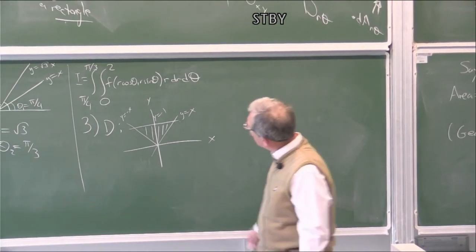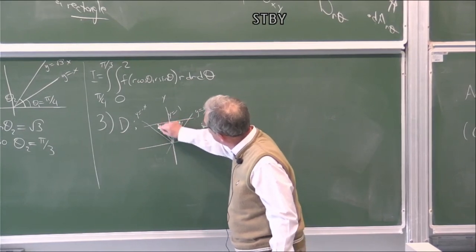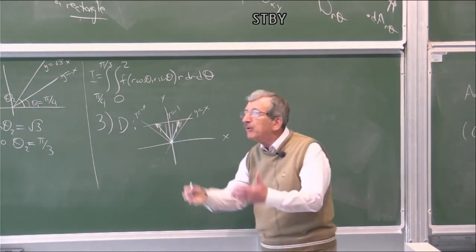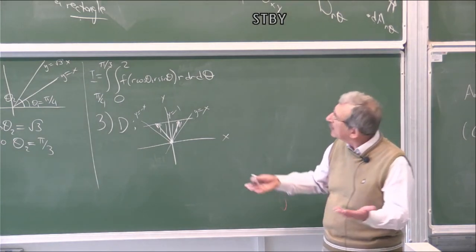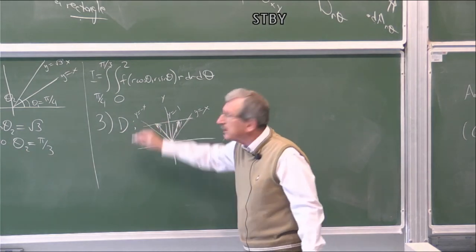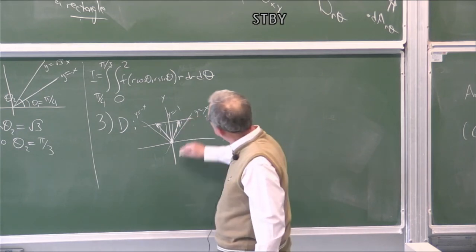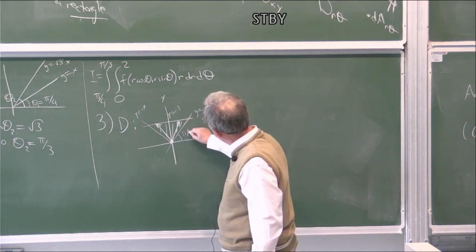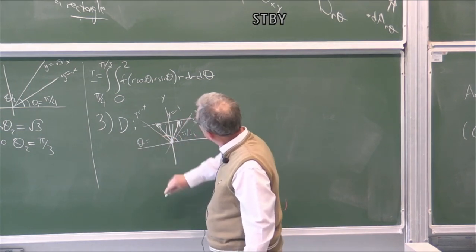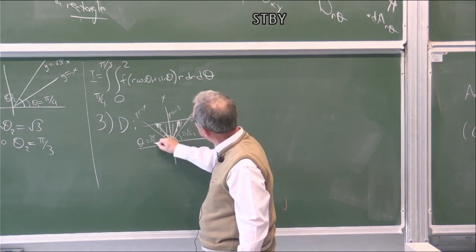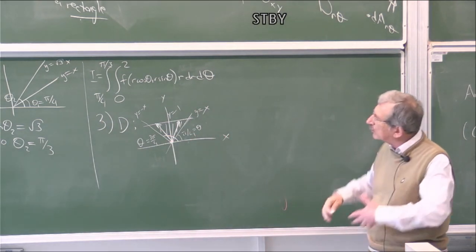Well, r starts from the origin. We are already inside. We move, and we leave from the same curve. In the meantime, θ changes between two constants. This curve is θ = π/4, and this curve is θ = 3π/4. So θ changes between constants, so this is simple.